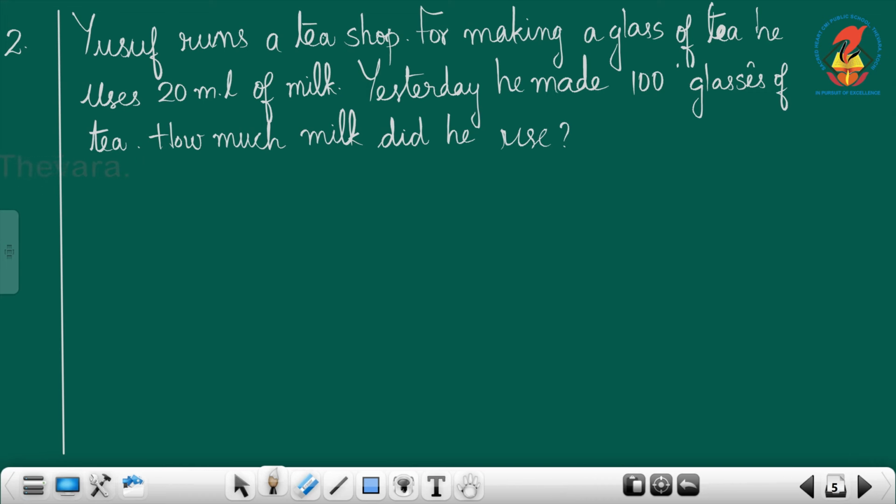So, how can we write the first statement? Yeah, quantity of milk used for making 1 glass of tea.